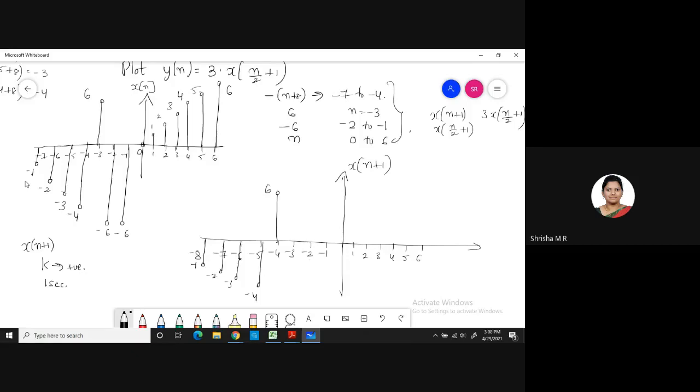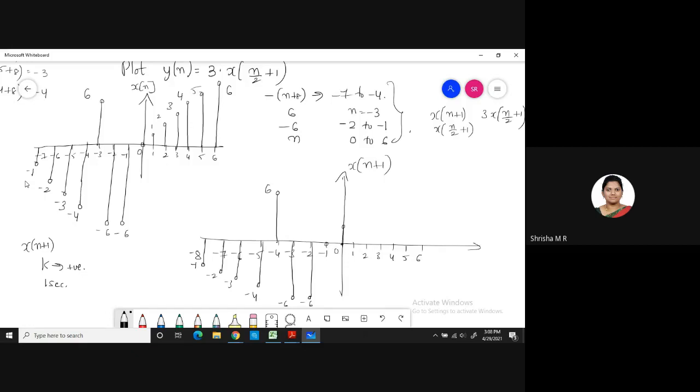And at -3 you have -6, correct? You have -6 here, and here also you have -6, and at -1 you have 0, and at 0 you have what?